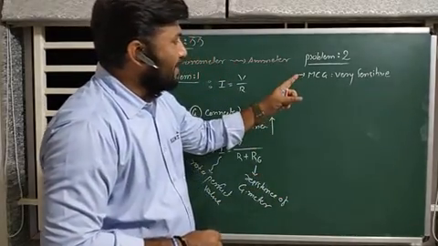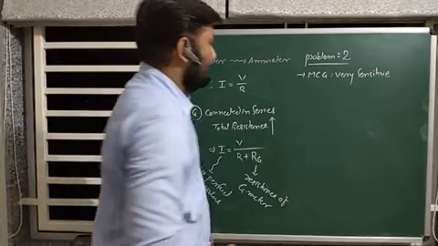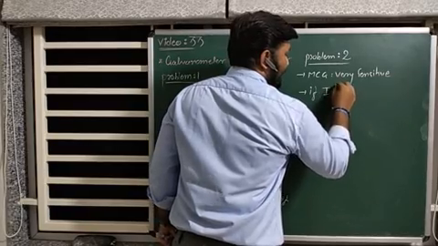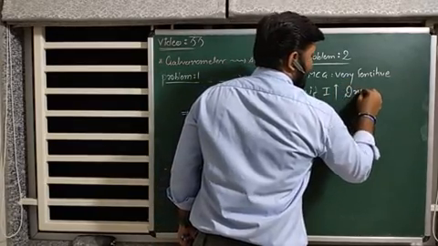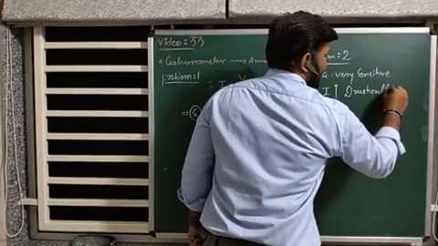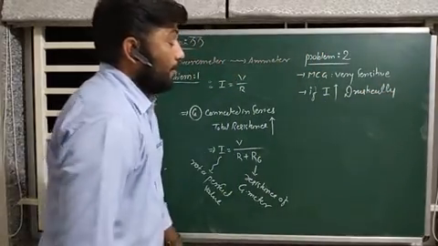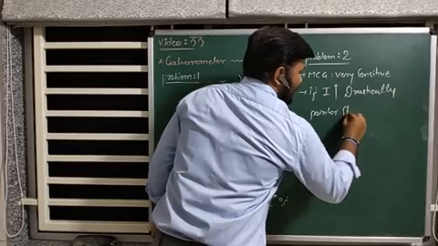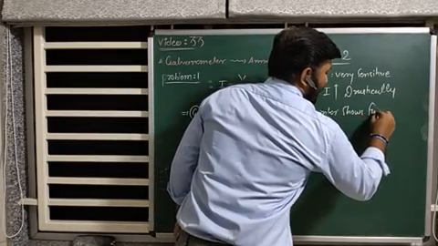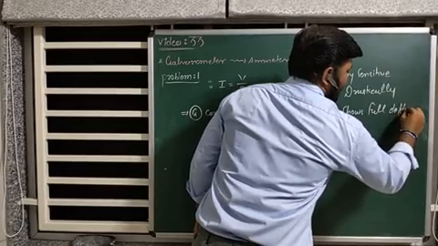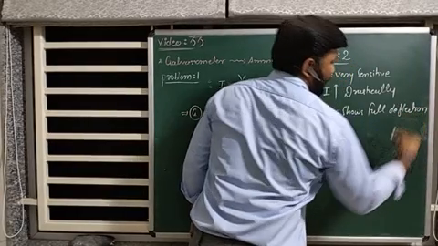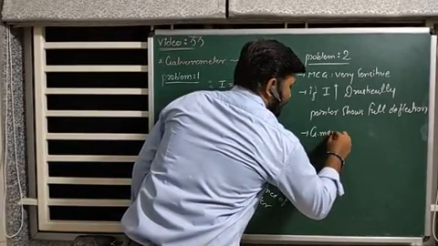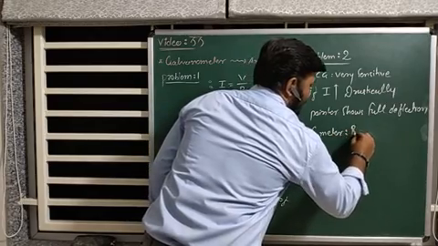So because of this sensitivity, if electric current increases drastically, due to this the pointer shows full deflection, and sometimes this galvanometer will burn off.